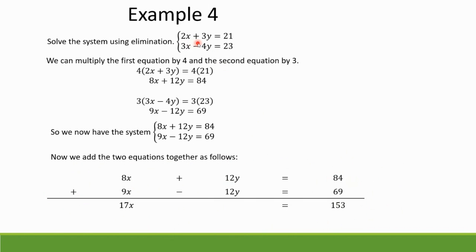You could just look at these and see that this is 3 and this is negative 4. If I multiply this by 4 and this by 3, which is what I did, this would be 12, this would be minus 12. We can add them and they vanish, and the y would be gone. So now we only have x to deal with. We have 17x is 153.